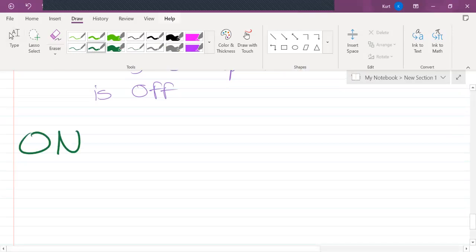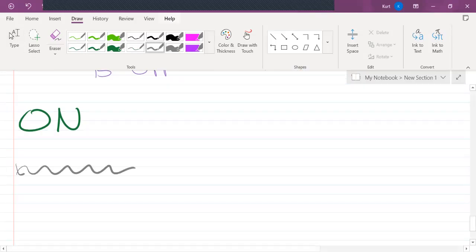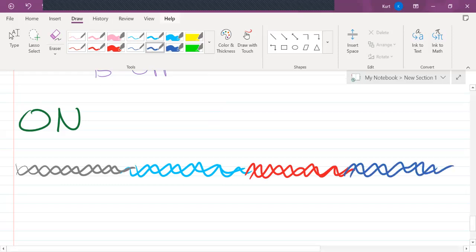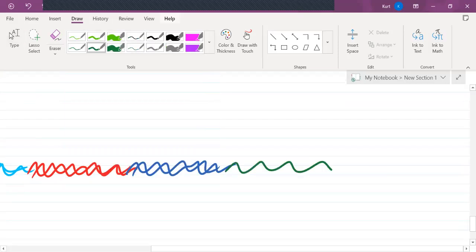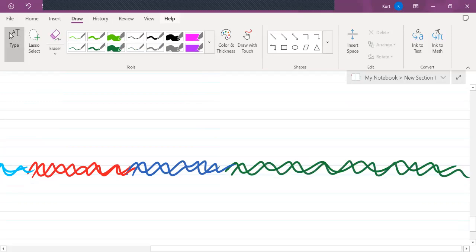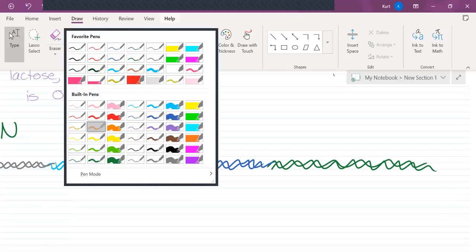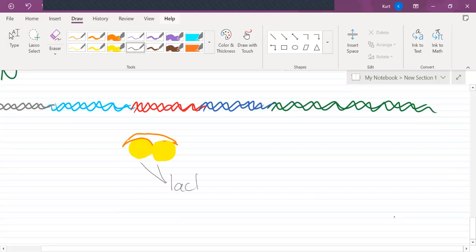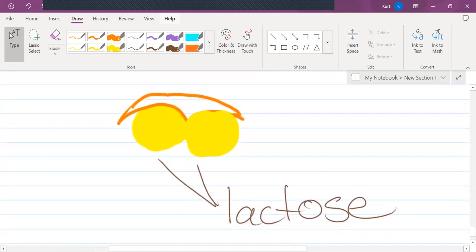Now it's going to be in the on position. Okay, check out your repressor.